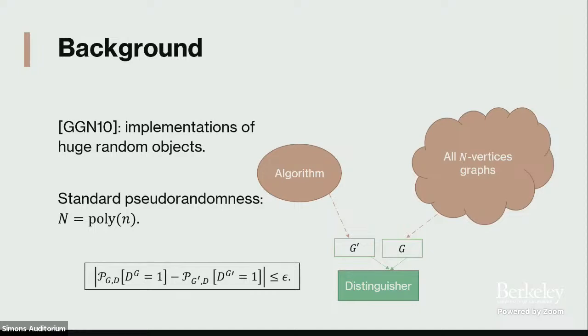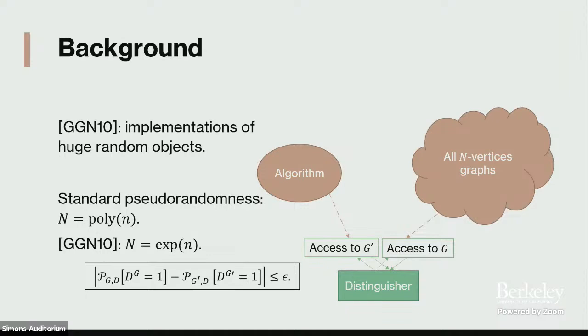In the setting of GGN, they introduced the idea of having a random object which is huge. In this case, instead of the number of vertices being poly(n), where n is the runtime of this algorithm, we can think about the number of vertices as being exponential. And then clearly the distinguisher cannot even read our graph.